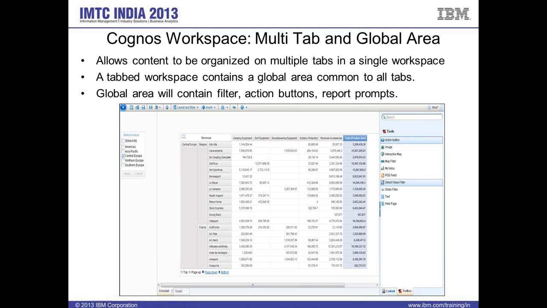And using action buttons, we can set the navigation for multiple tabs. So these action buttons will be used for navigation purposes. So combined, it will give a feel of a complete solution for, for example, a particular user or a particular department, using multiple tabs in a single workspace.